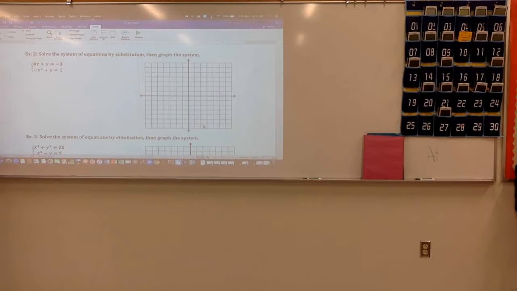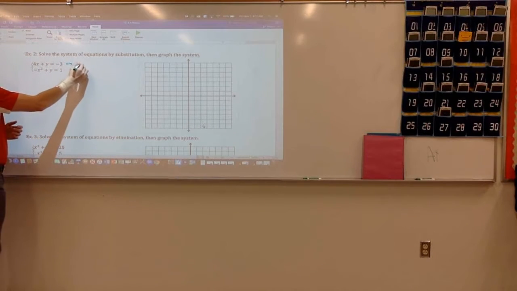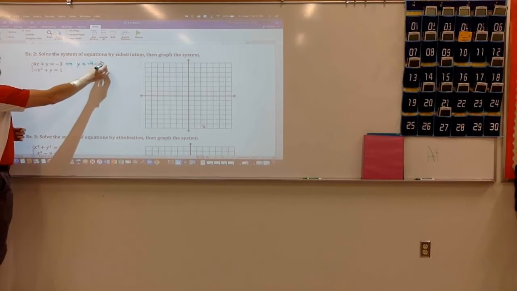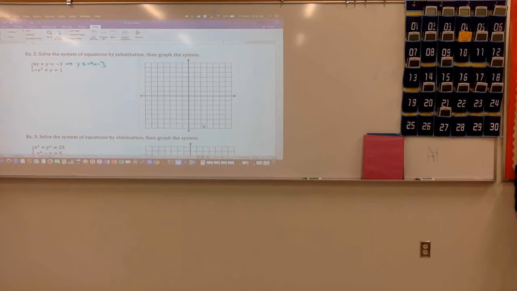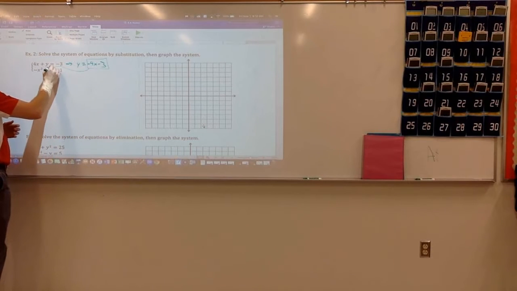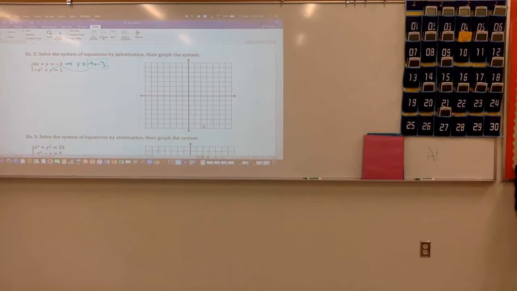So I could look at this first equation and solve it for y. Could just subtract the 4x over. This would be y equals negative 4x minus 3. So then I could take this and plug this in place of y in my other equation. So negative x squared plus negative 4x minus 3 equals 1.